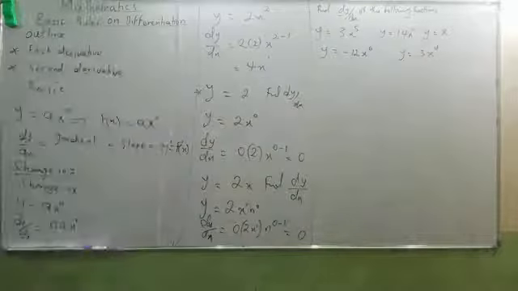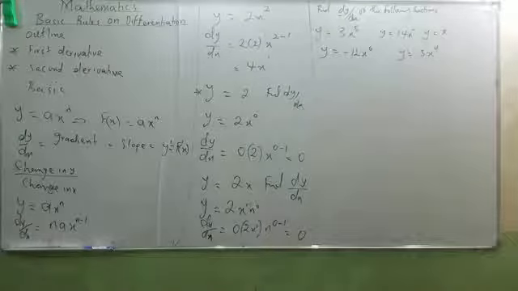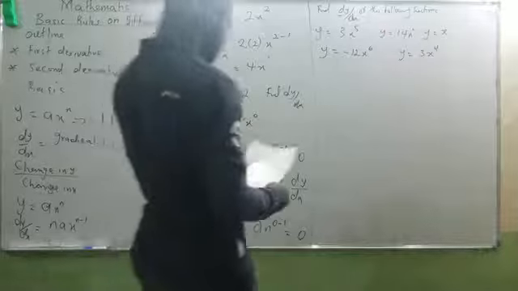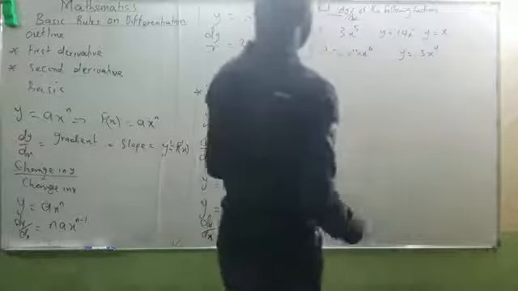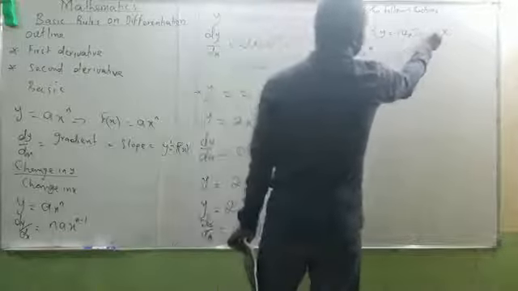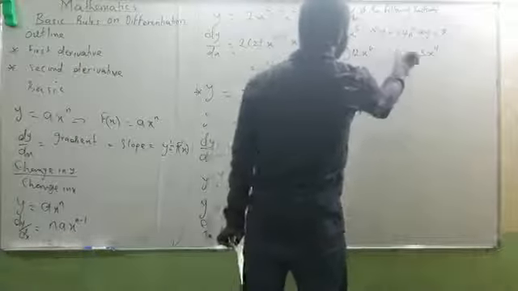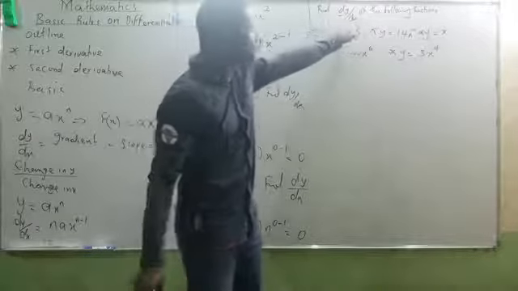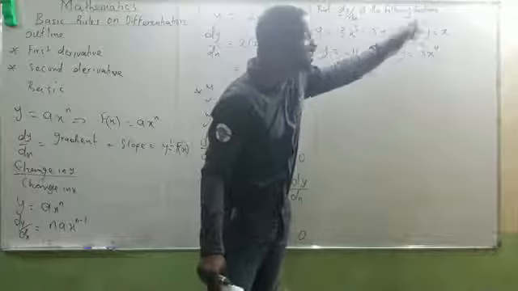Let me see the visual. It's getting dark here. Okay, I think it can be seen. When I have something like this, how do you solve it? That is what you need to know. These are problems from different exams. Don't forget, the question stated: find dy/dx of the following functions.